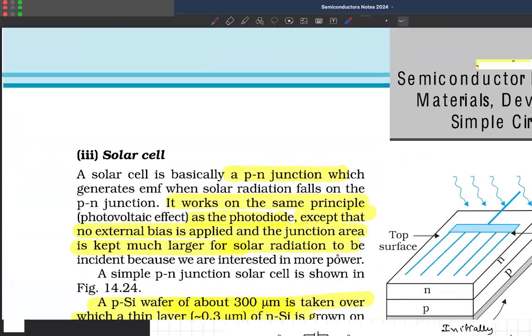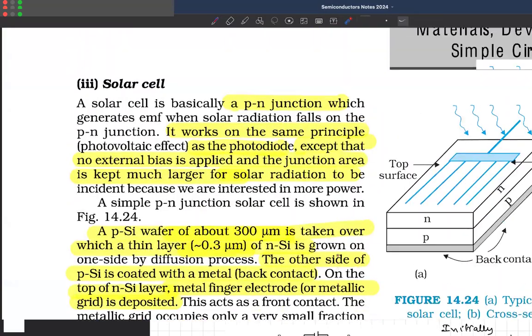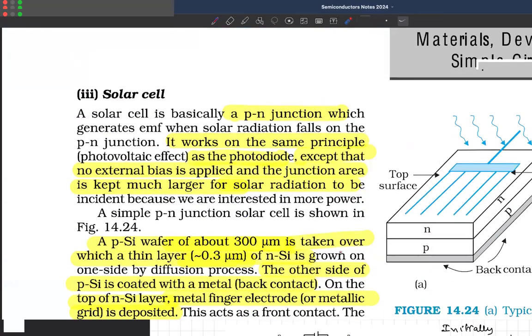Next, solar cell. See, a solar cell is basically a PN junction which generates EMF when solar radiation falls on the PN junction. You can see here, you have a PN junction here.